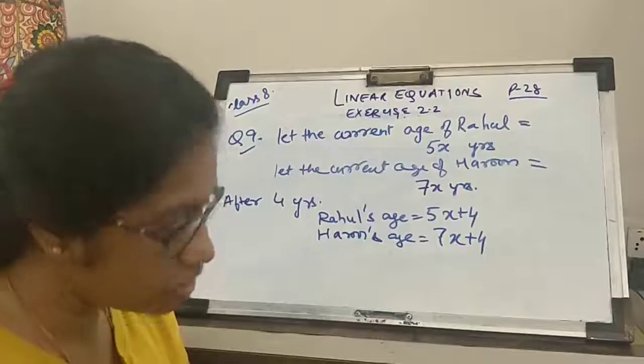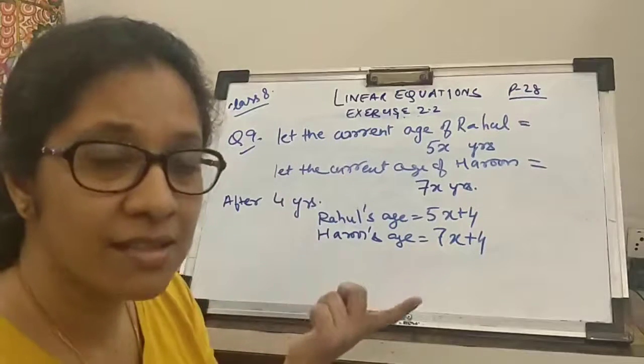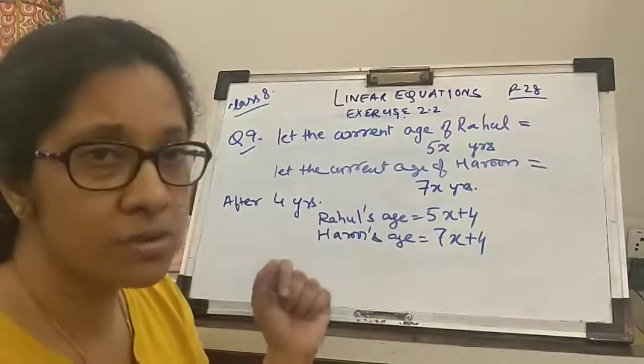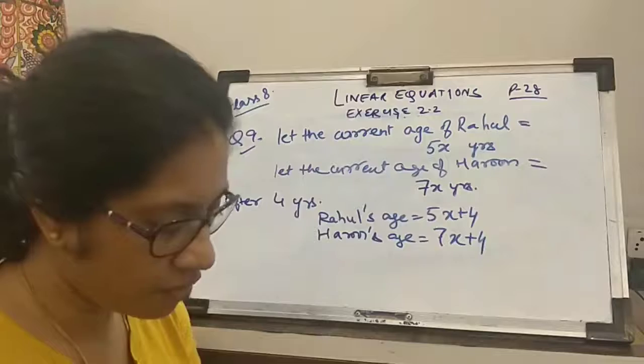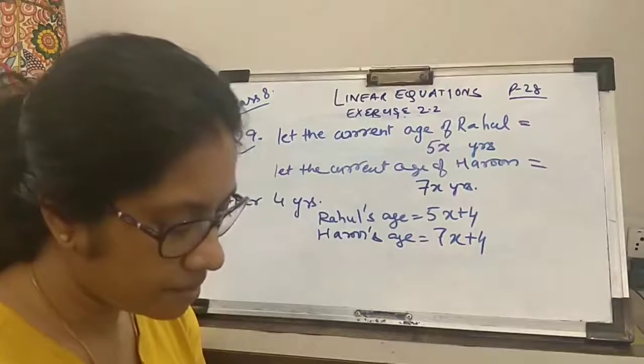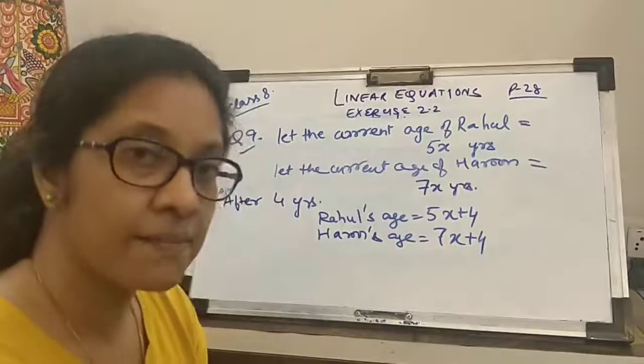Let's see what else is given. Is there any other relationship from here? This is what I have deduced, but how do I make an equation? There has to be some relationship between the two so that I can have an equation. It says 4 years later, the sum of their ages is 56 years.